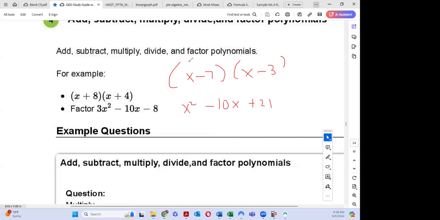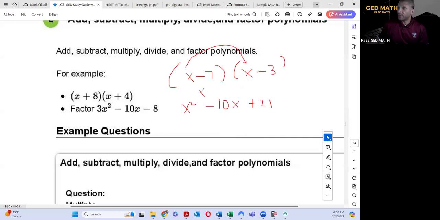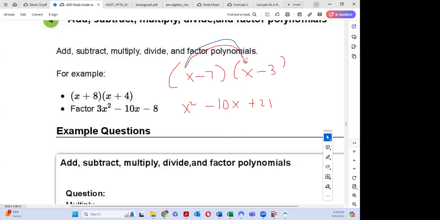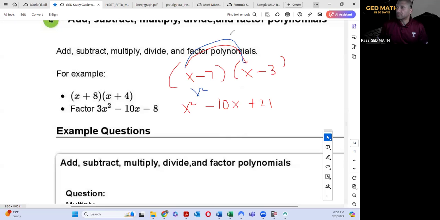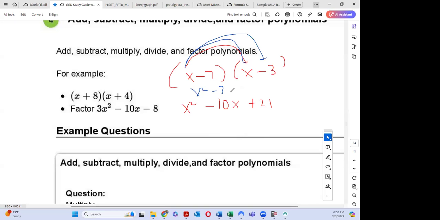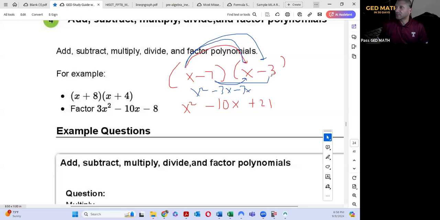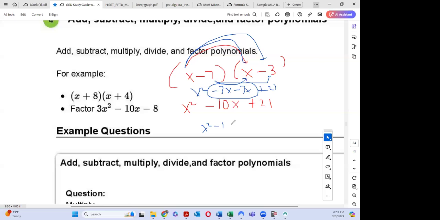Now, I could do it the long way. X squared minus 3x minus 7x plus 21. These are like terms. Minus 3 minus 7 is minus 10. But I still get the same exact answer.